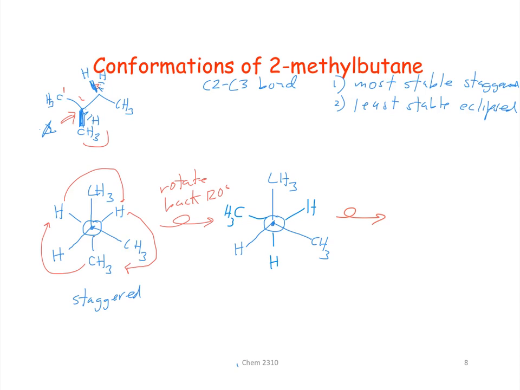Okay, so we're going to rotate another 120 degrees, and so this methyl group is going to rotate over to where that H is. This H is going to rotate to where that H is, and this H is going to rotate over to where that methyl group is. So let's just do it again. Front carbon is the same.